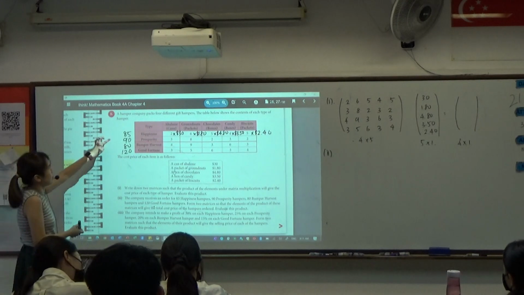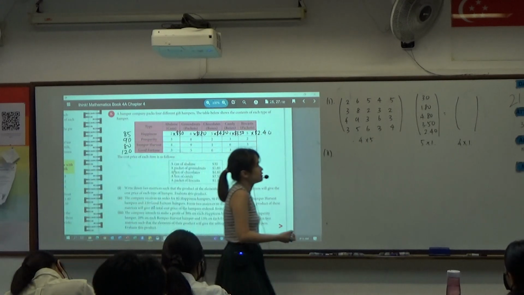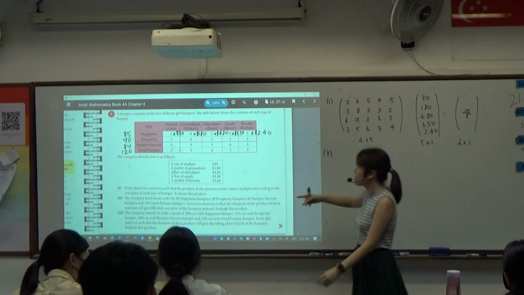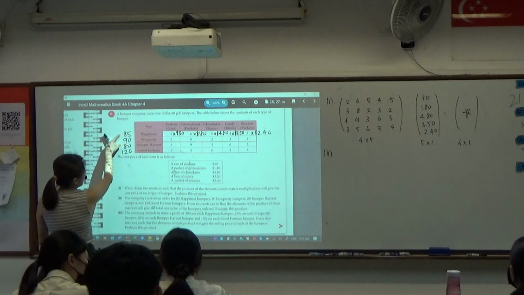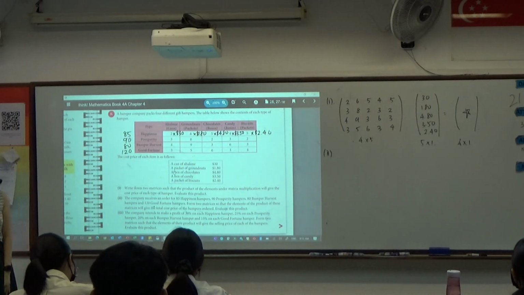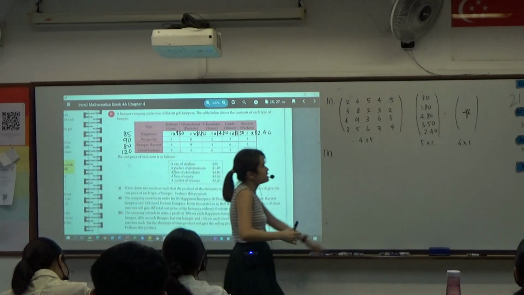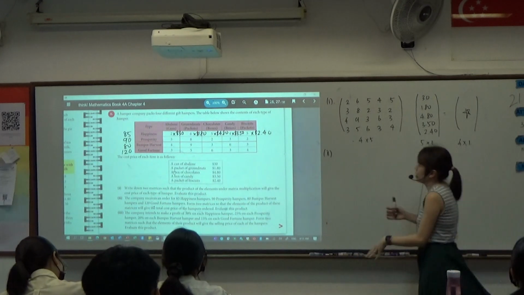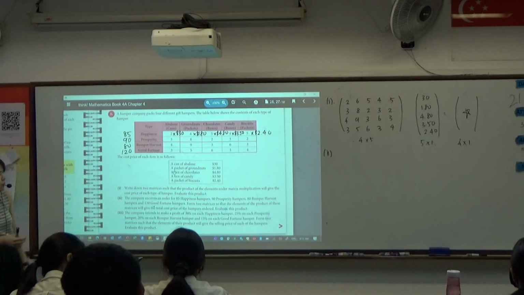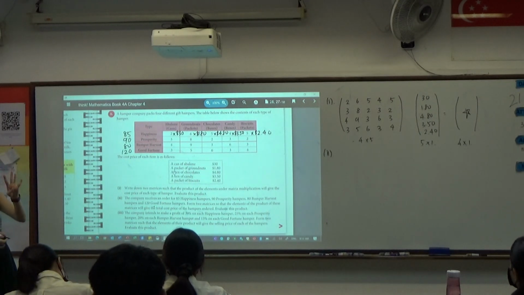So that means that if I have found the individual values over here for each of the different costs, I need to multiply with 85, 90, 80, and 120. You will realize that with this being a 4 by 1 matrix, and this is also 4 elements, eventually what I want is actually 4 elements as well.